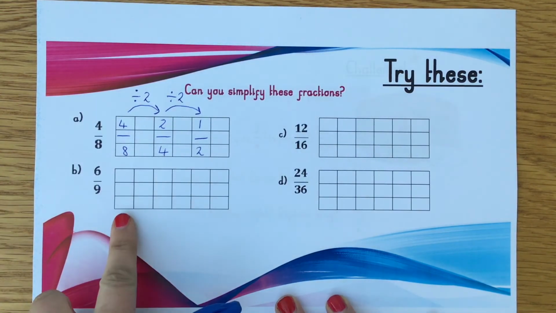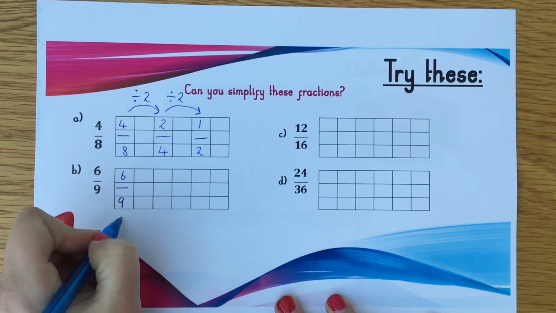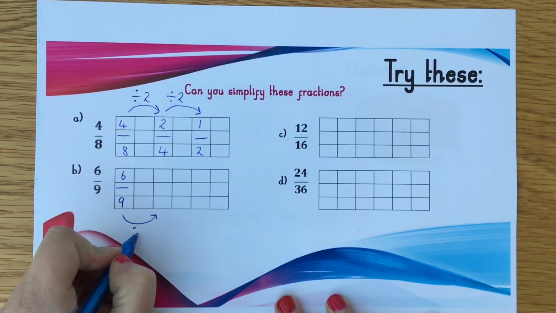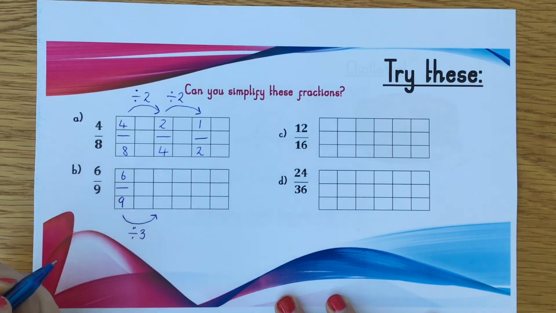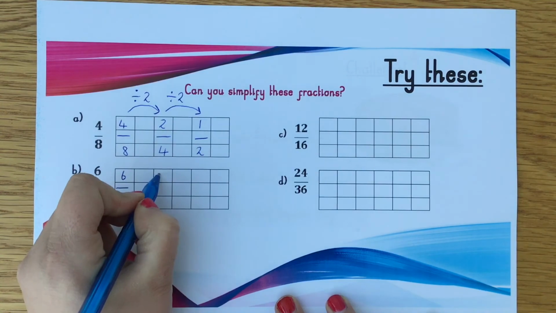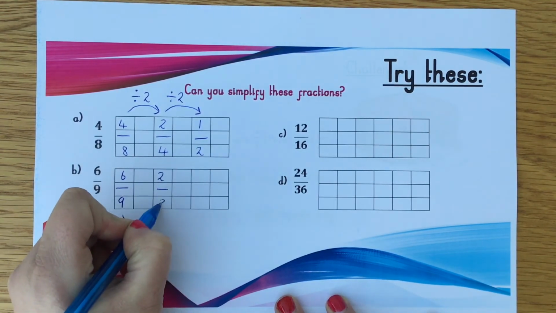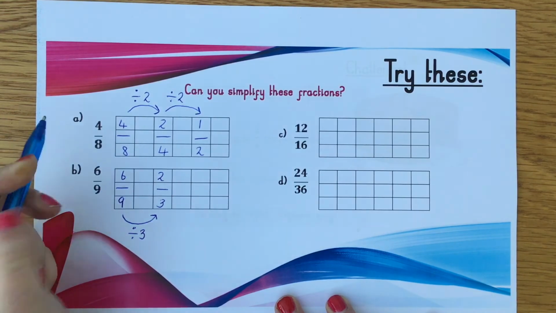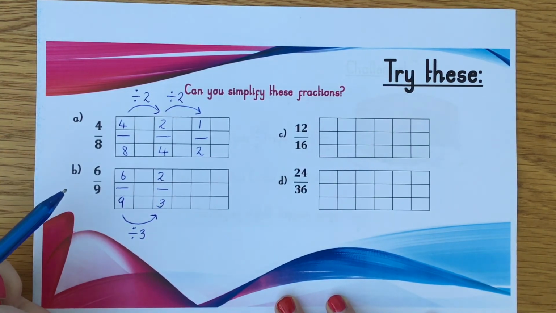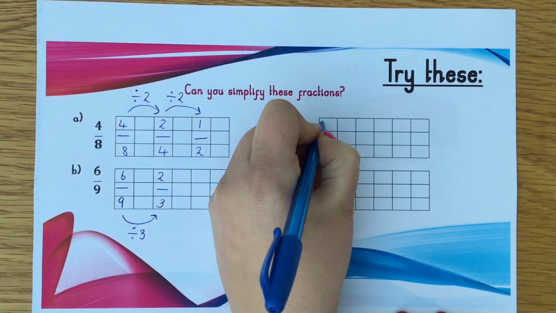Okay, moving on to B then, 6/9. Okay, hopefully you recognised that 3 goes into both of those numbers equally. So 6 divided by 3 is 2. And 9 divided by 3 is 3. So 2/3 is the most simple form of this fraction. 12/16 then.